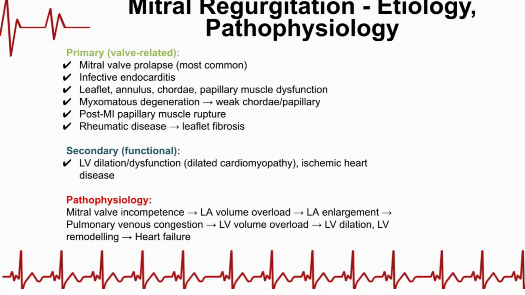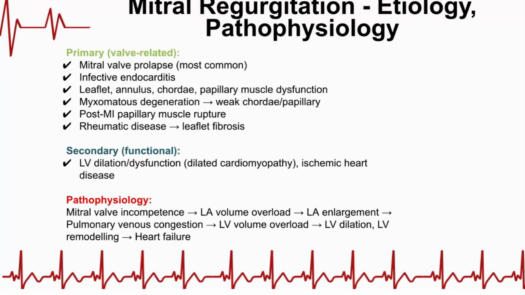Now, in terms of pathophysiology, an incompetent mitral valve can cause the left atria to have more volume than it should. Therefore, we see enlargement of the left atria, and this reduces the pressure gradient between the pulmonary circuit and the left atria, and it promotes congestion.